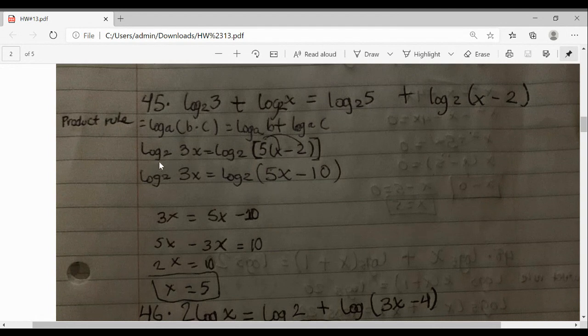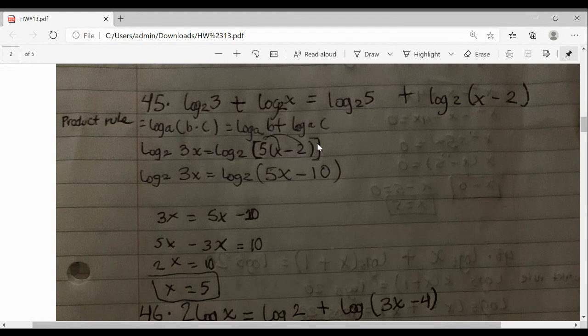So here I place log base 2 of 3x equal log base 2, and then here I distribute the 5x minus 2. Anna, let me ask you a question. How did you get 3x from here? Good job. Right. Yes. And this one, the distribution, I got it from here.